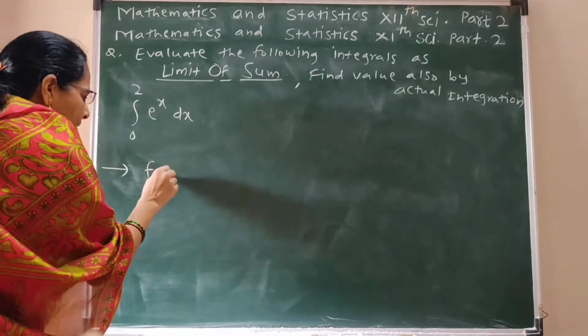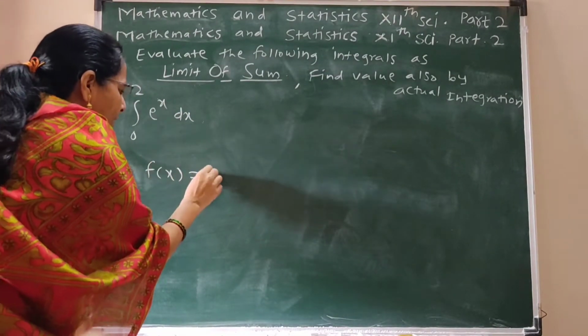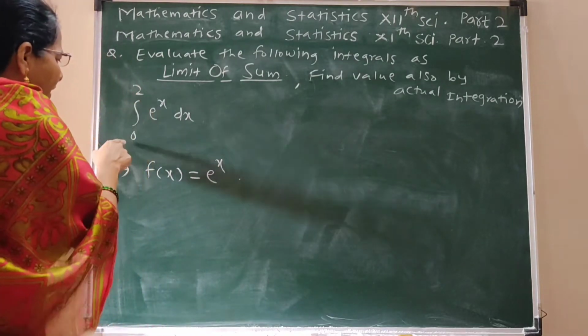First take f(x) is equal to e raised to x. Closed interval, take 0 to 2.